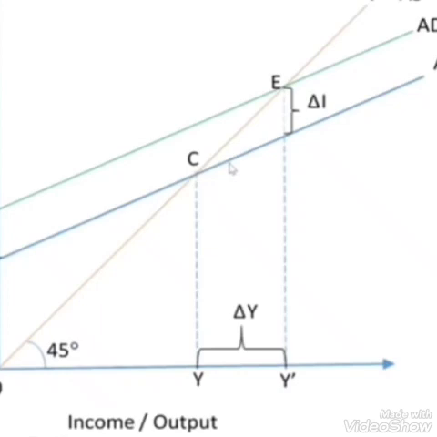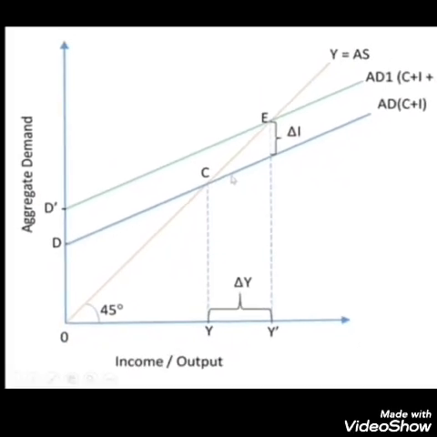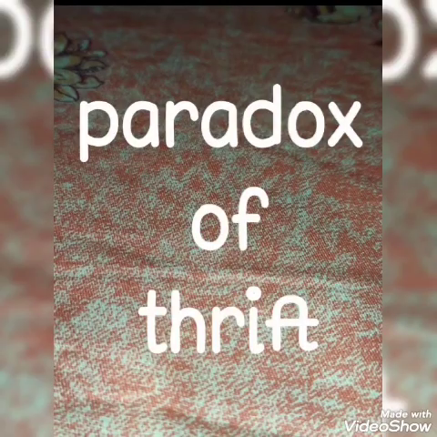Now we increase the investment by delta I. The investment will be increased from I to I plus delta I. In this case, AD1, that means C plus I plus delta I, is indicated by the green line, that is intersecting the aggregate supply line at point E1.